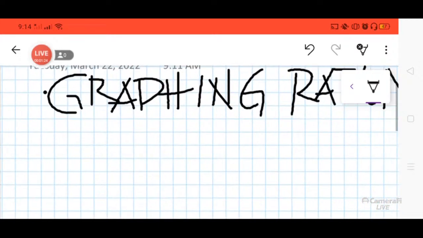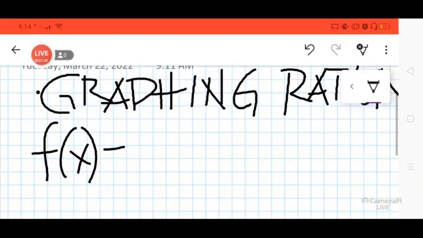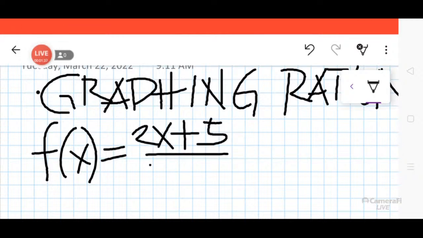Let's say that we can encounter this kind of function: f of x is equal to 2x plus 5 over x minus 1. As you can see, this is a rational function. For finding and drawing the asymptotes, you first have to get the vertical asymptote.